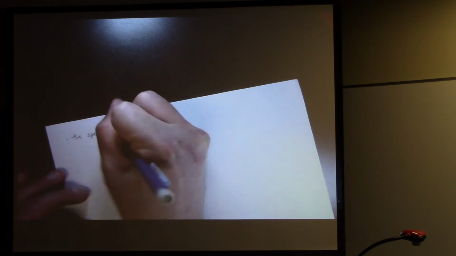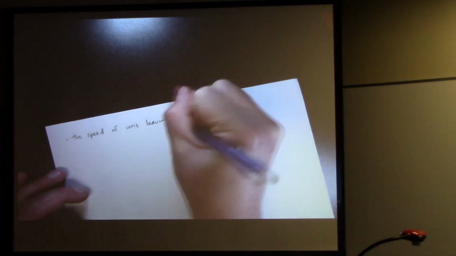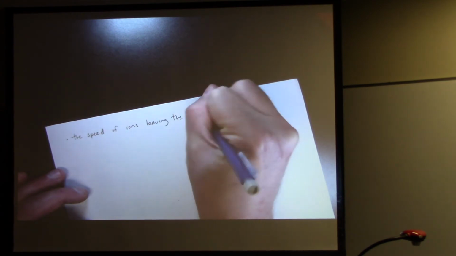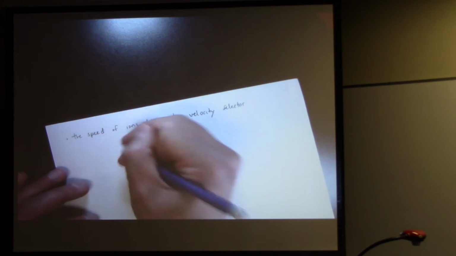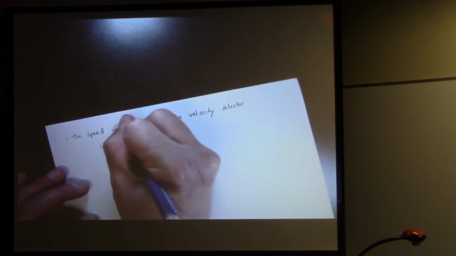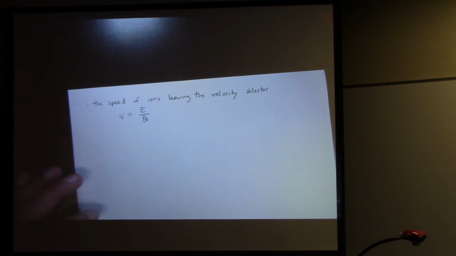All right, so in this case, we want to calculate the speed of ions leaving the velocity selector. Well, that's given by E divided by B. That's how a velocity selector works, as we saw earlier.